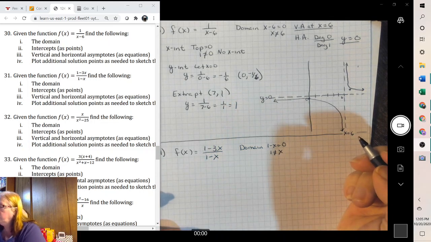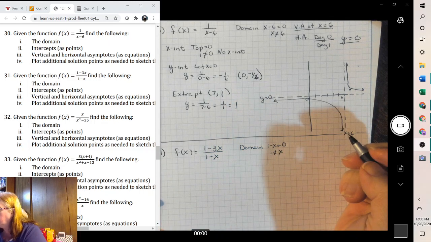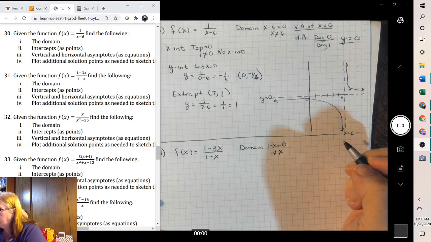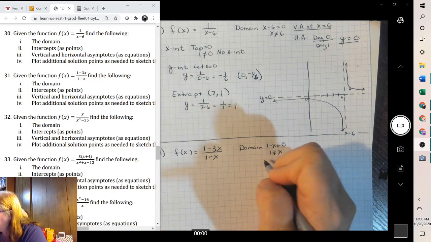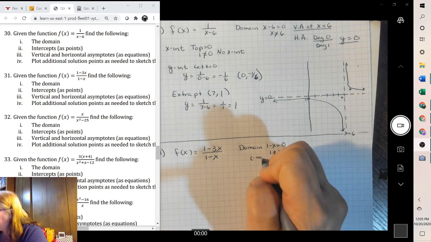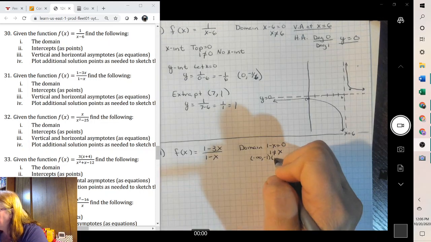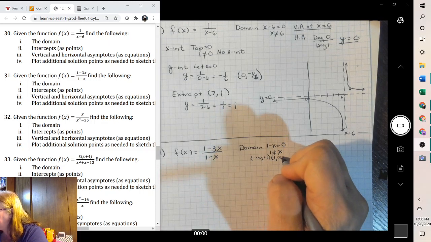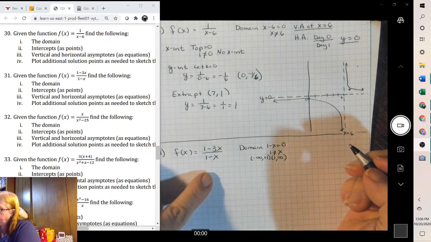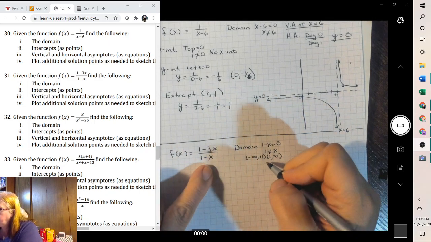Bringing the x over, x cannot equal 1. So that's our domain. If you want interval notation, negative infinity to 1, union 1 to infinity. So that would be our domain.